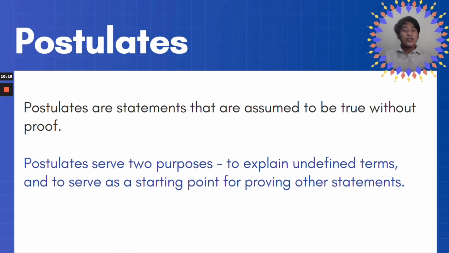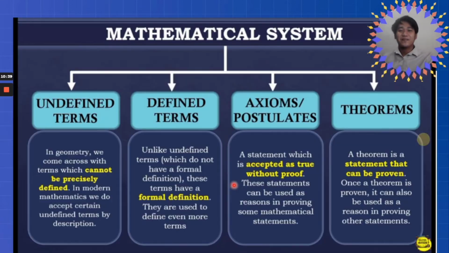Number 2, to serve as a starting point for proving other statements. So we need postulates to prove the theorems. A theorem is dependent on postulates. Unlike a theorem, a postulate is accepted without proof.